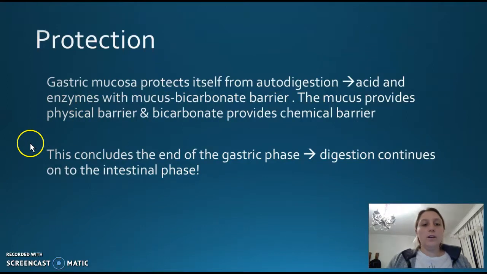Lastly, the final function of the stomach is protection. The stomach has a gastric mucosa that protects it from autodigestion.